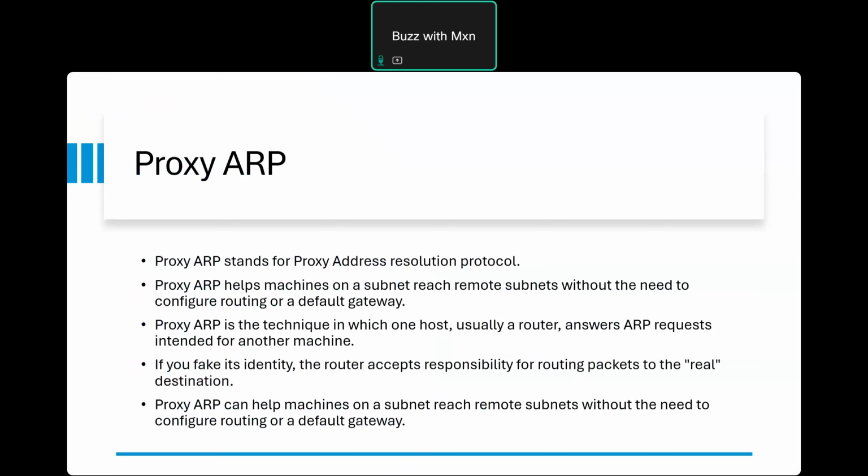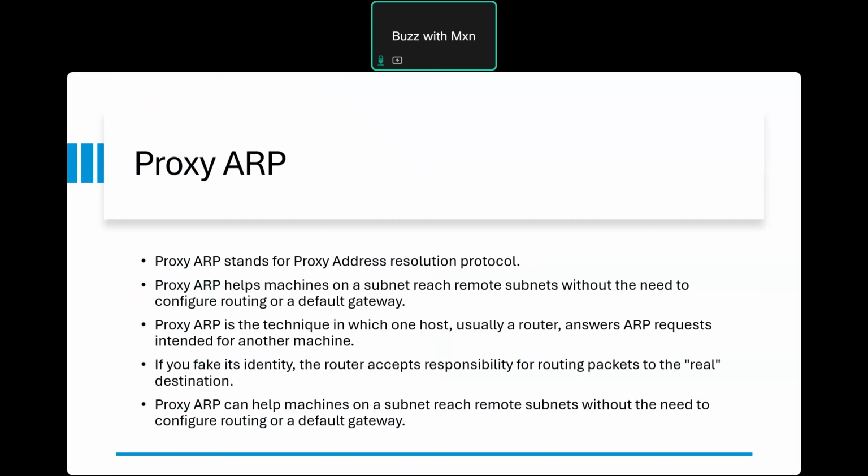To reach that, you would need the address details of that host. As it is on a different network, ARP would not be generated. ARP is sent for devices that are on the same subnet or the same network.